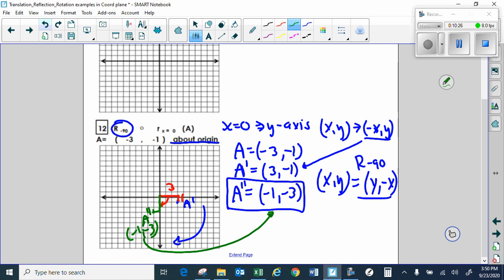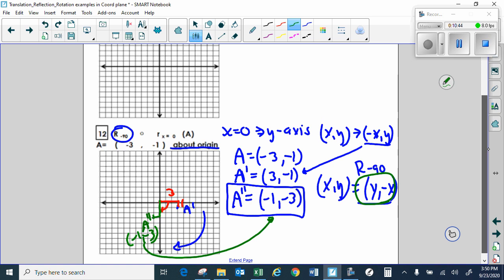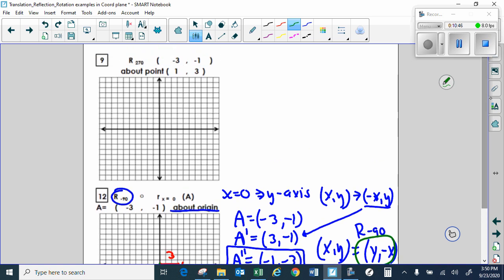Okay, now I'm going to do that same one again. See, when it's about the origin, I don't have to do the triangle, this horizontal and vertical here, and rotate that way. I can just use the rule as we just did over here to begin with, because that's about the origin. But when it's off the origin, as this one is here, I have to.